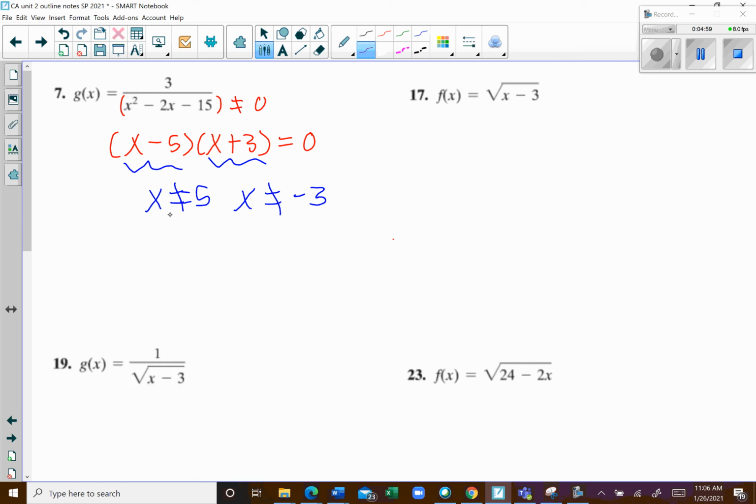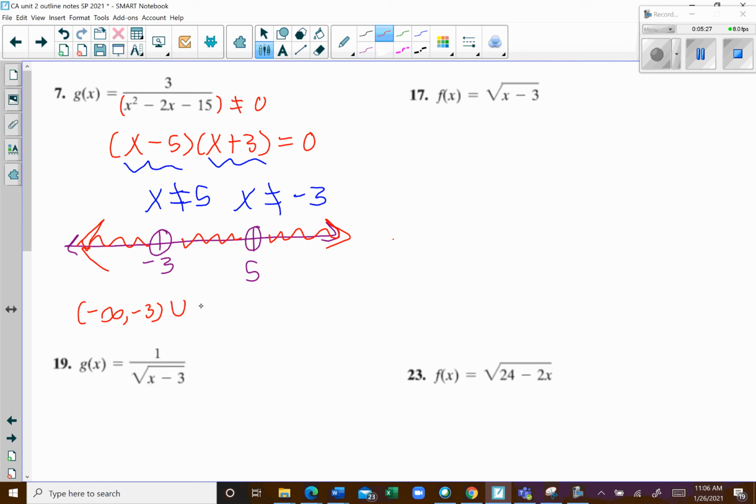Like what I did before, I'm going to give you a number line to look at this, but our final answer needs to be in interval notation. So we're going to exclude -3 and we're going to exclude 5. So I'm putting open circles around them. But everything else is included. So this first part right here would be from negative infinity to -3.